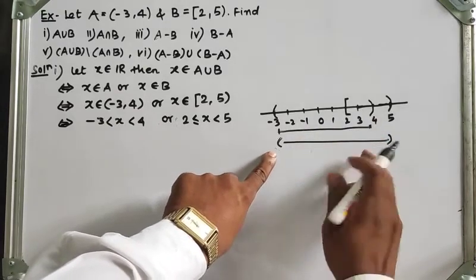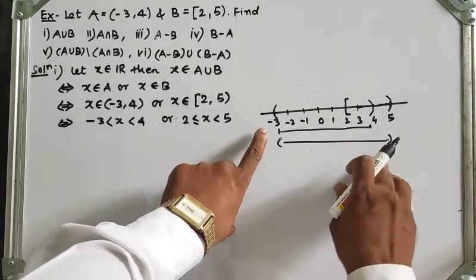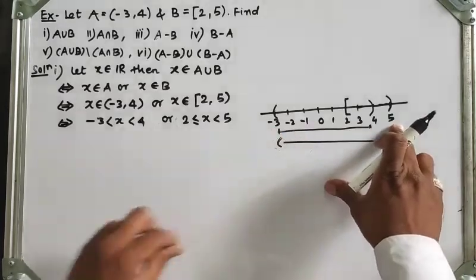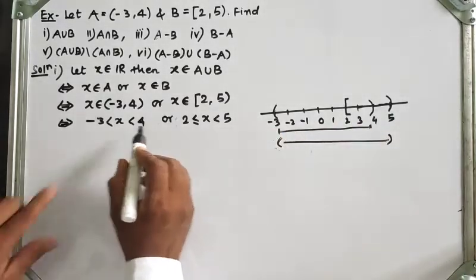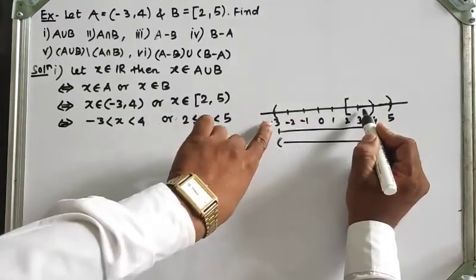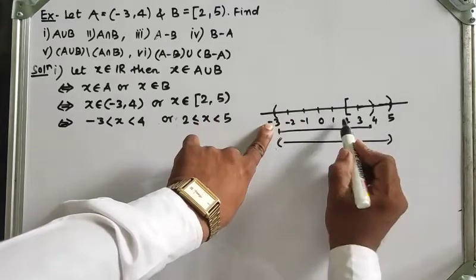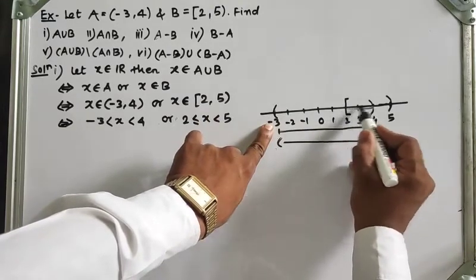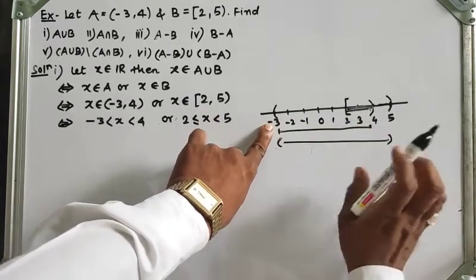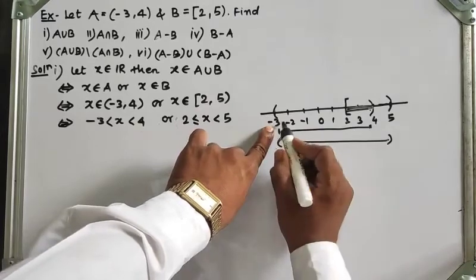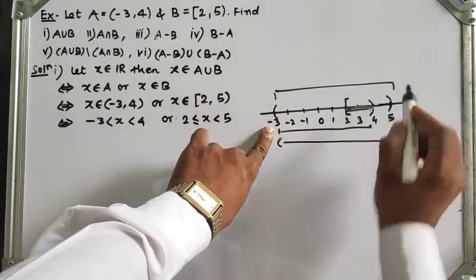So intersection is not empty, so their union will be from -3 to 5. Because here is -3 to 4 and the second interval 2 to 5, their common part will be like this, right?